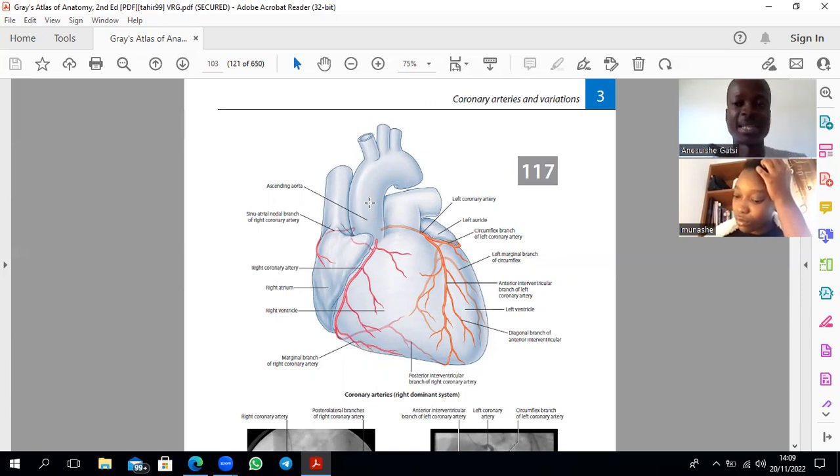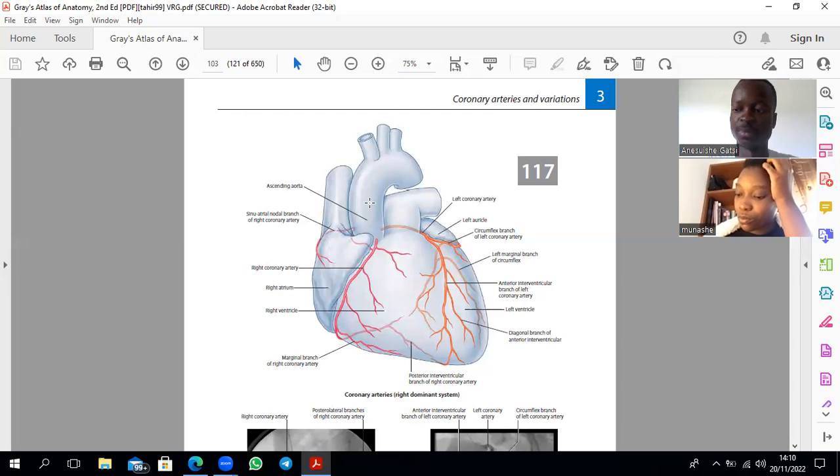So there's a right anterior aortic sinus, there's a left posterior aortic sinus, and a left anterior aortic sinus. So for the right, there's only the right anterior aortic sinus. Then on the left, there's left posterior and left anterior.